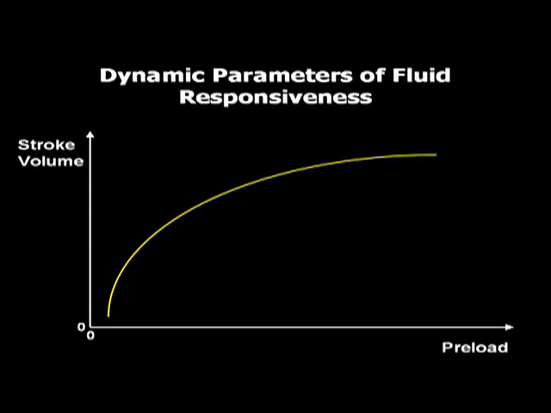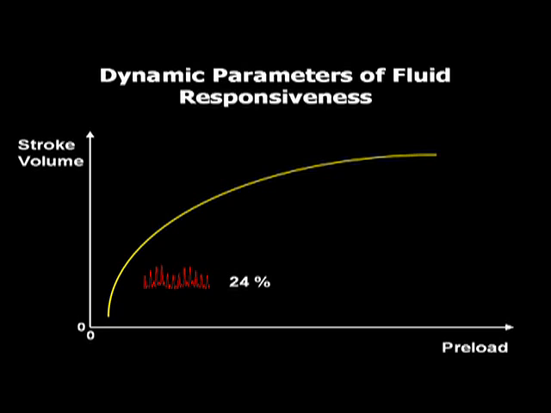So to summarize, when you look at the arterial pressure waveform, if you have big respiratory variation like this, here you have an arterial pressure waveform with big respiratory variation. The pulse pressure variation is 24%. It means that the patient is on the steep portion of the Frank-Starling relationship. The patient is going to be a fluid responder.